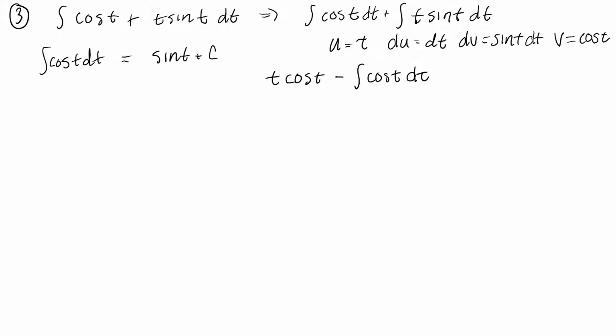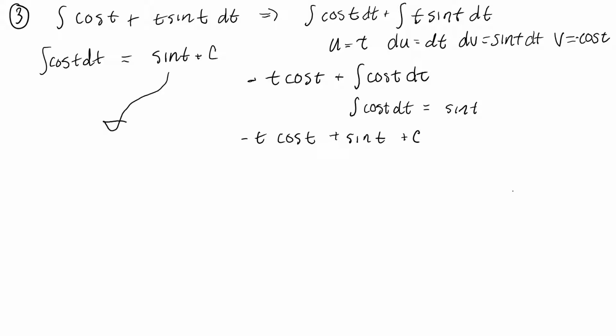Oh, my mistake. The v is negative cosine. Can't forget that. Super important, which changes the signs. So we're going to go ahead and integrate cosine t dt, which just gives us sine t. Go ahead and plug that back in. Negative t cosine t plus sine t plus c.